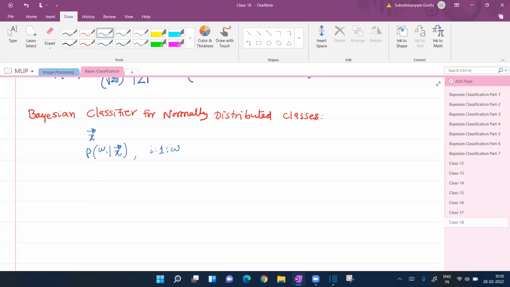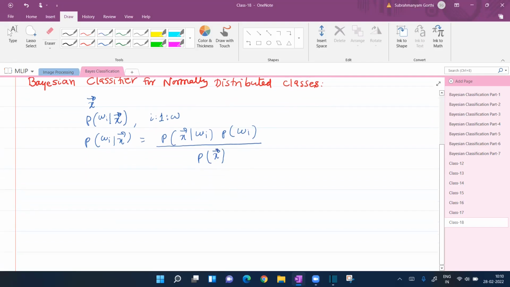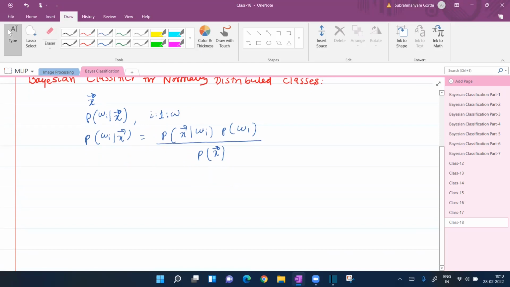So then we also have written expressions for it. Probability of omega I given x bar equals probability of x bar given omega I into probability of omega I, over probability of x bar. Anyway, you are going to compute the maximum, and probability of x bar is the same irrespective of which class you are going to assign to it.